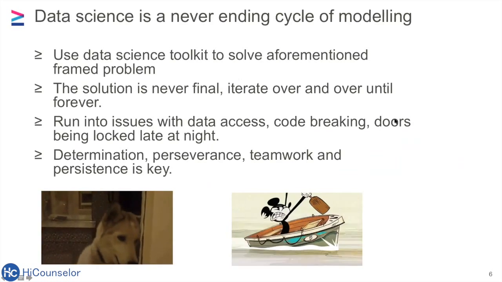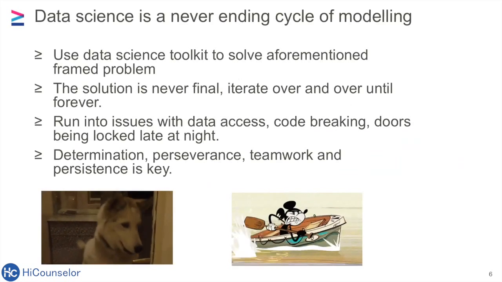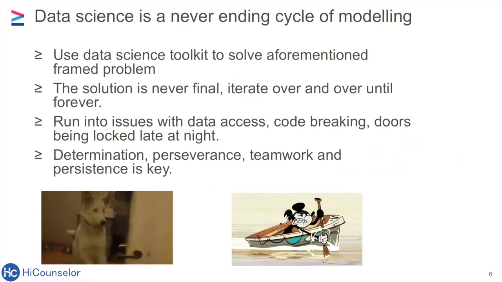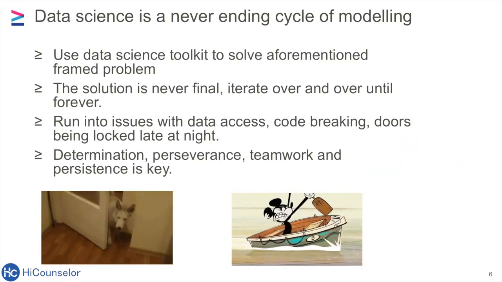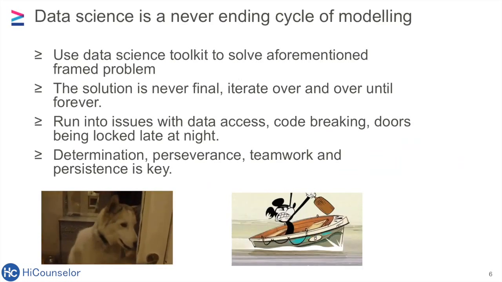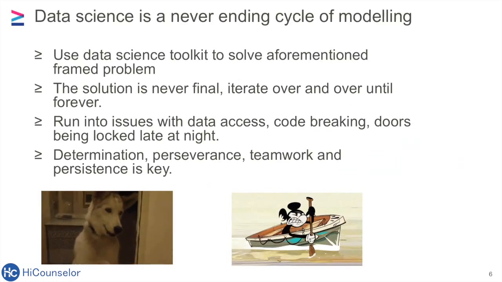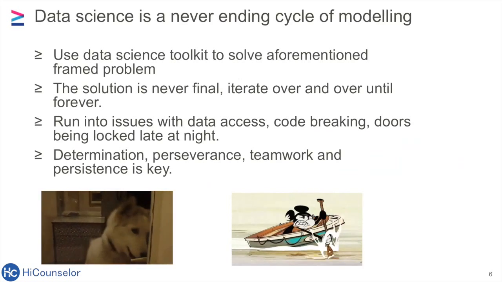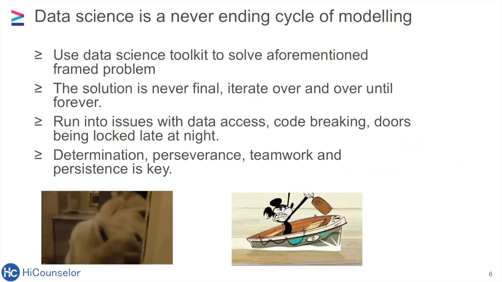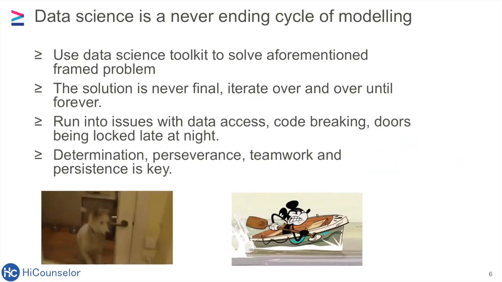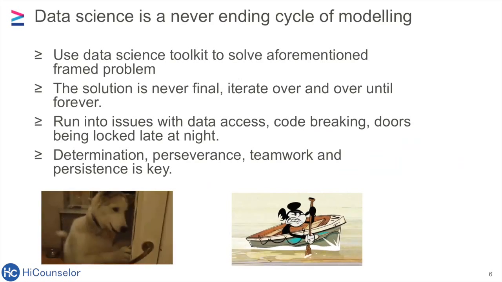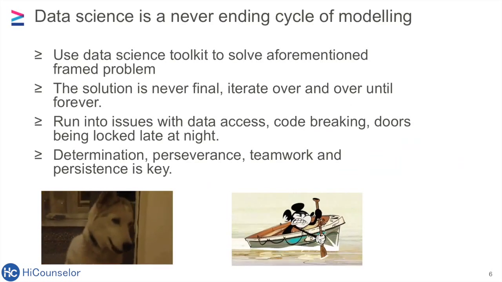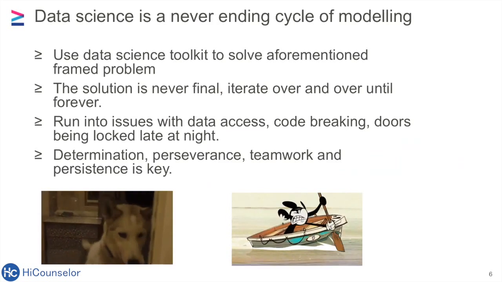So I kind of mentioned earlier how data science is very circular. Once we have framed the problem and understood the problem, the thing that we try to do is basically build a model to solve this problem. This means using a toolkit. I don't know to what extent people are technical, but there are a lot of toolkits in Python, which is a language, in R, in Java, Scala, and whatnot.